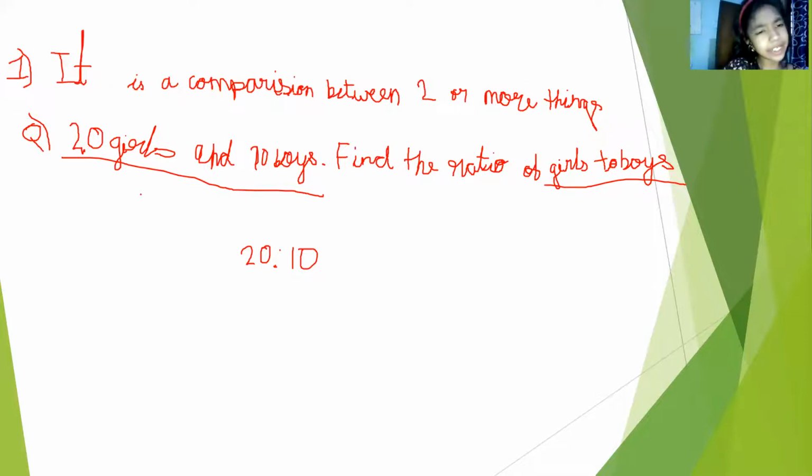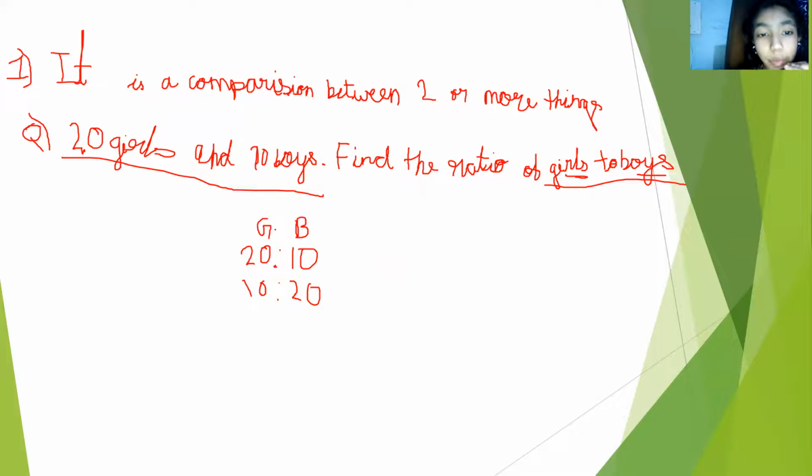Why did we write 20 ratio 10? Can't we write 10 ratio 20? What is the problem in that? This is why I asked you to underline this: they're asking girls to boys. I'll write G and B. G is girls and B is boys.